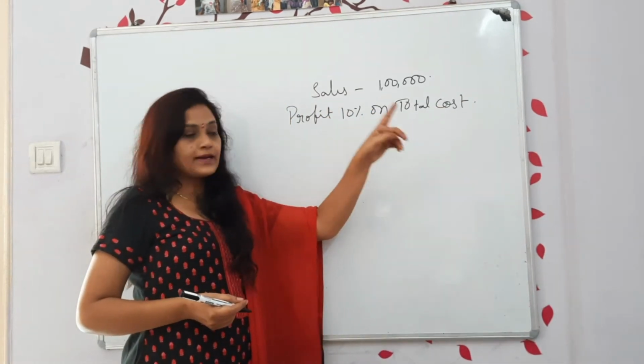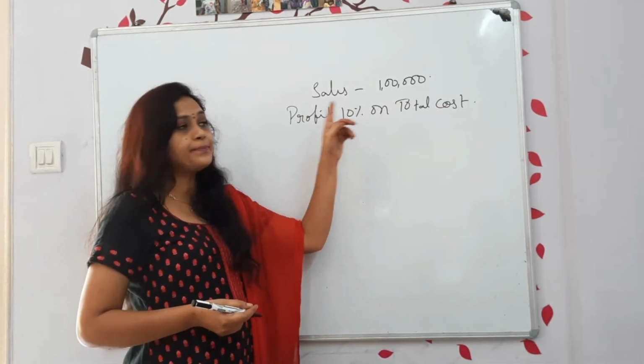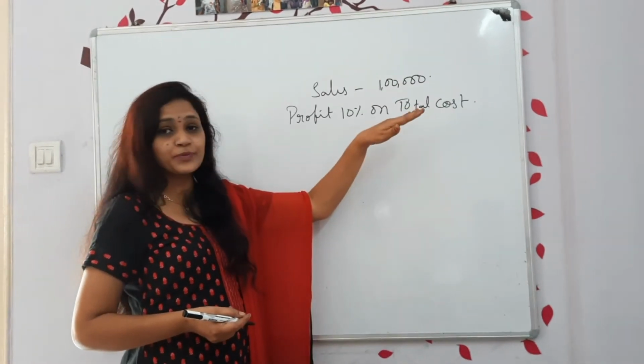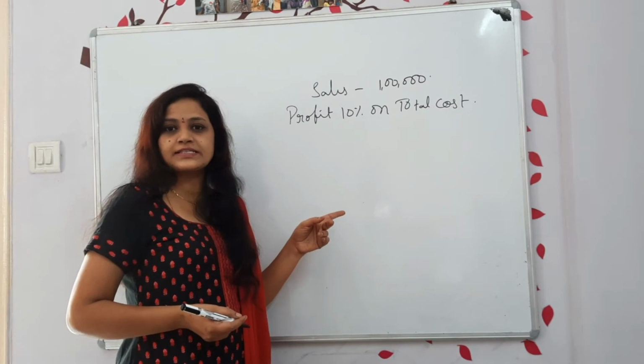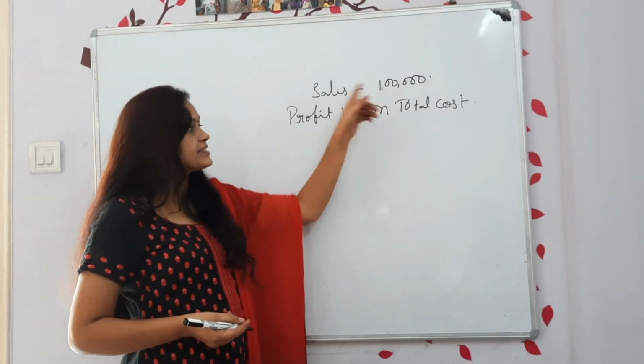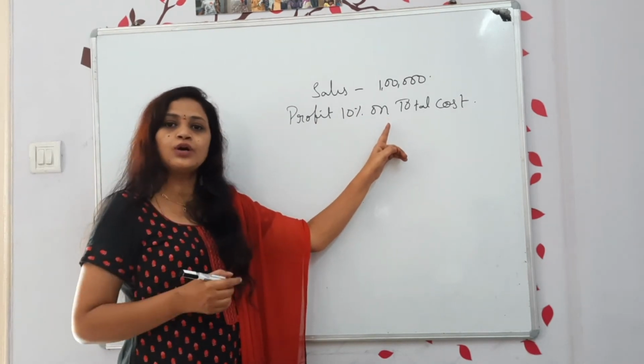Sales is 1 lakh and profit is 10% on total cost. Got it? Now you got the difference between them. In the last one, total cost is given and profit is a percentage on sales. But here sales is given, and profit is a percentage on total cost.